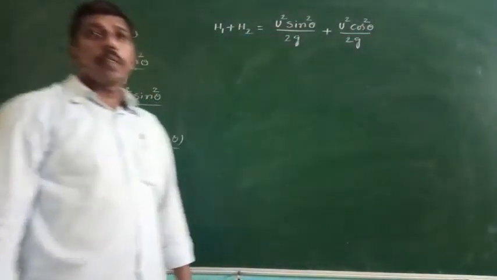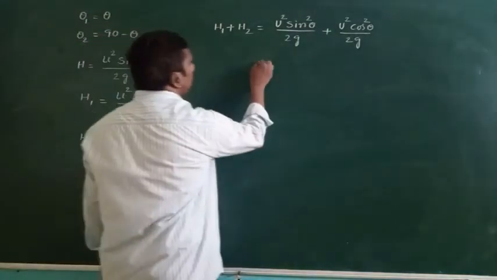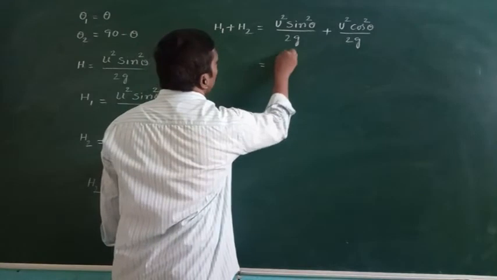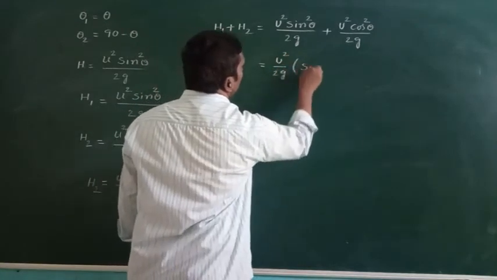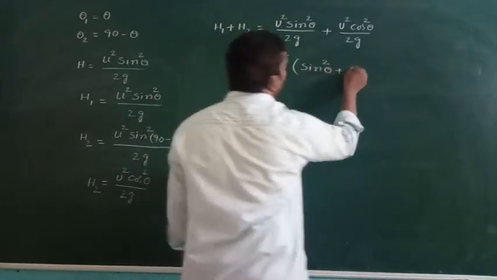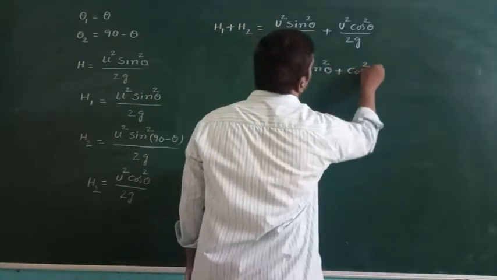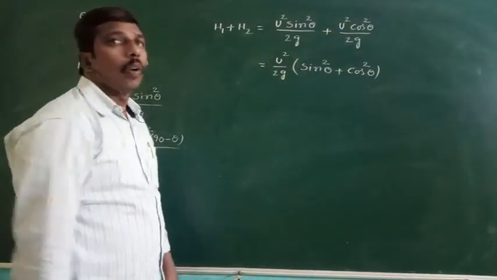From these two terms you take u square by 2g common, then you get u square by 2g into sin square theta plus cos square theta. Sin square theta plus cos square theta is equal to 1.